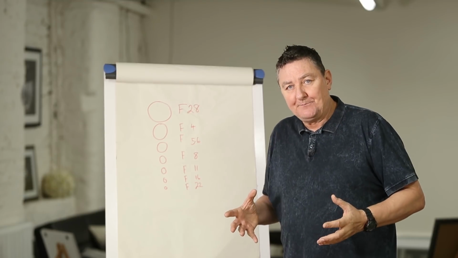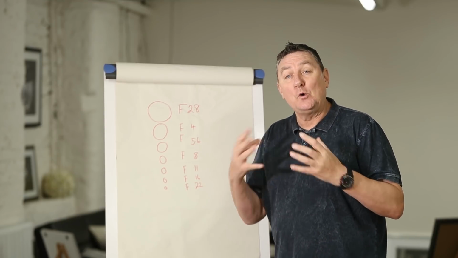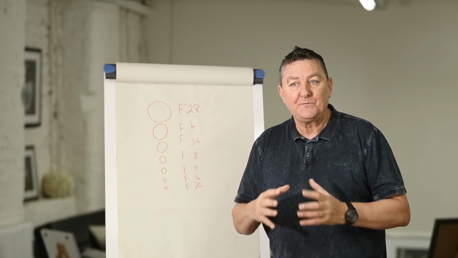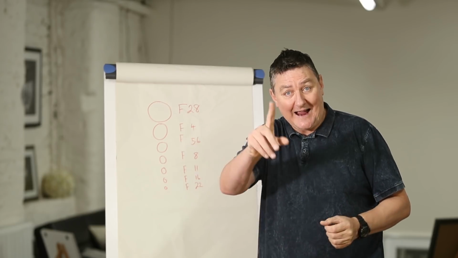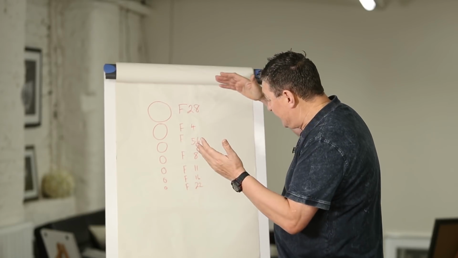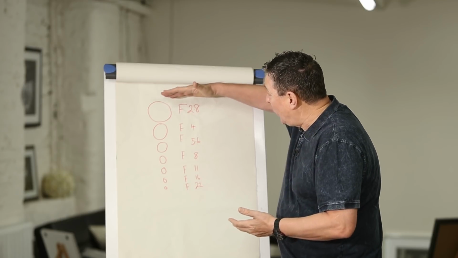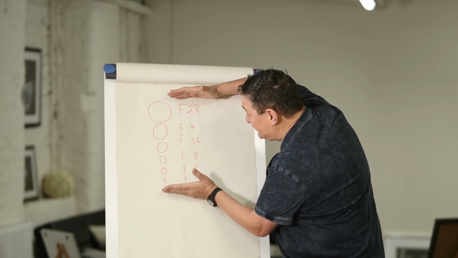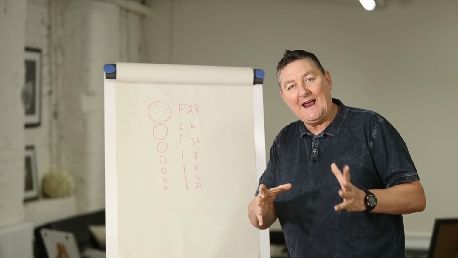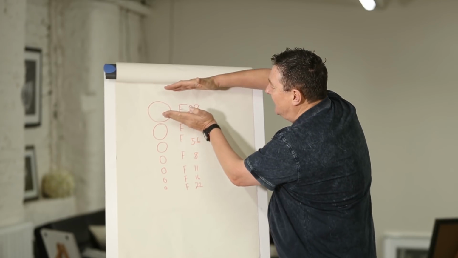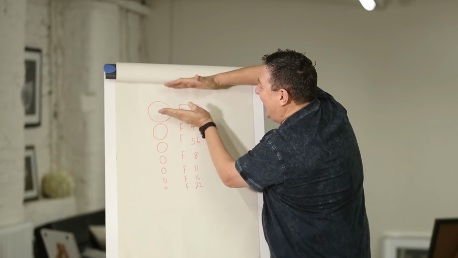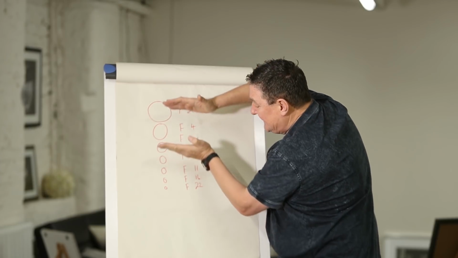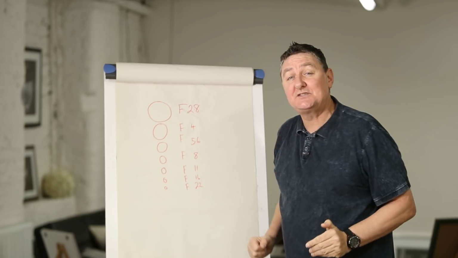Most lenses don't perform very well at the furthest points. As in, if you bought a lens that say offered a range of f2.8 to f22, then your lens won't perform brilliantly at its furthest point of f2.8 and its furthest point at f22.